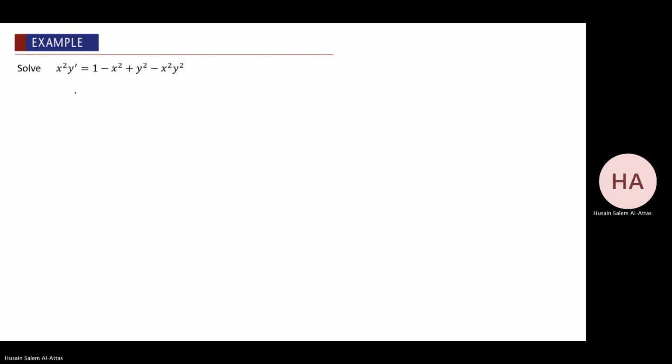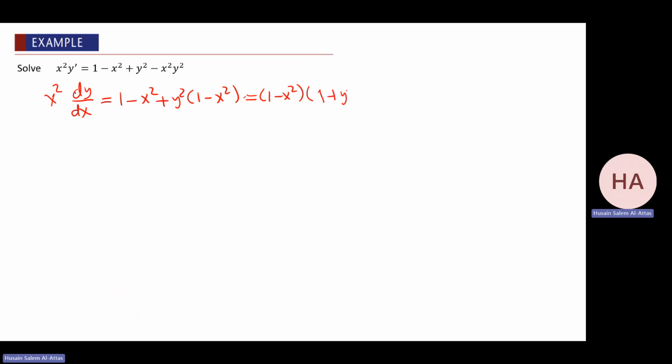Now solve this one. Now it's just a matter of calculation, a matter of algebraic things. So you have x squared dy over dx equals 1 minus x squared plus y squared times 1 minus x squared. Very clearly, by grouping, I can make it 1 plus y squared, grouping which we did in pre-calculus.